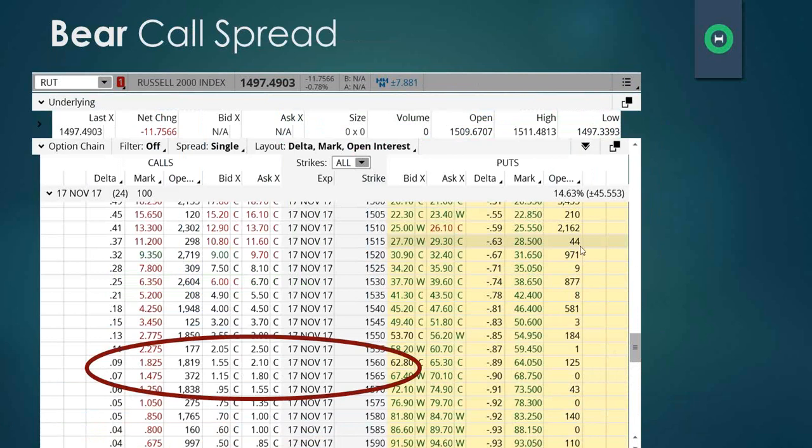The other thing a lot of people do is this is the implied volatility for this RUT over 24 days. And basically what it's saying is it's got a probability, one standard deviation, of moving plus or minus 45 points. What you can do is you can take the current price, and that's about 1500.